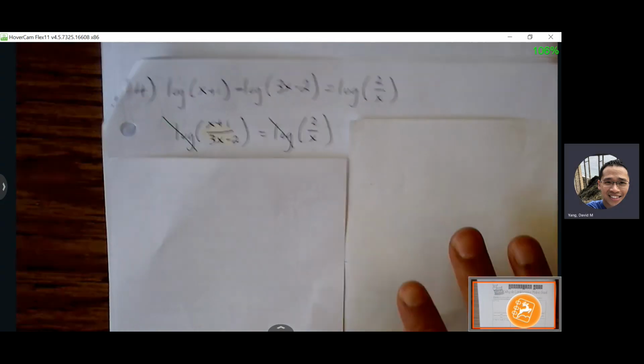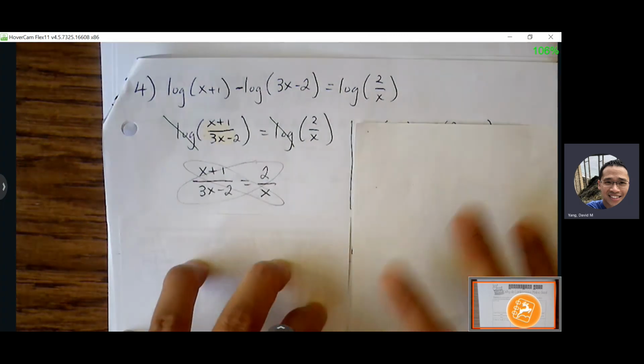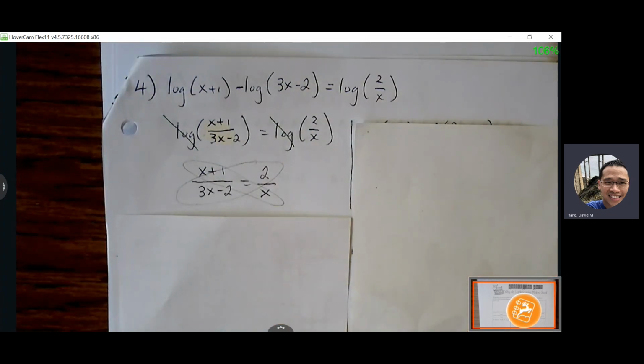Okay, so we got a fraction equal to another fraction. I'm just thinking cross multiplying is going to be a little bit easier, a quick way to get rid of my denominator. So I'll do cross product. And we can figure out a way to solve for x.